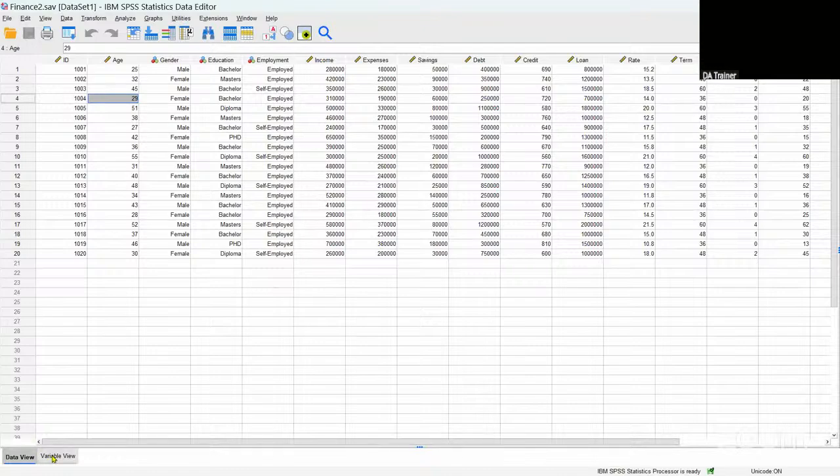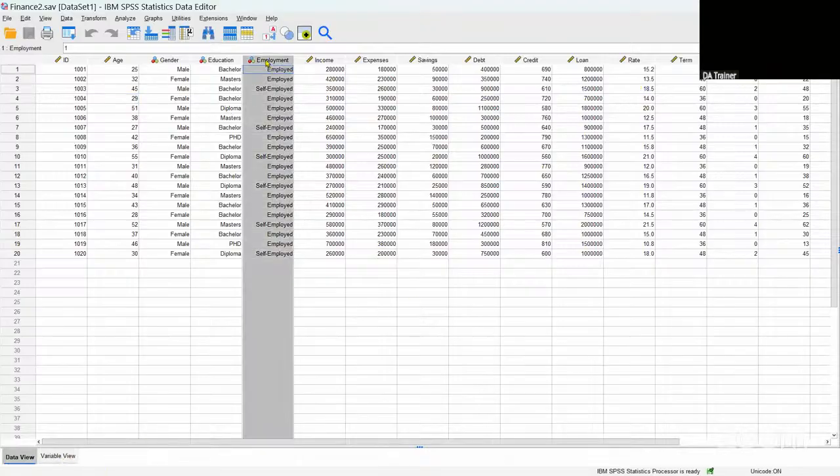Variable view is the room whereby you set up your data, you clean them up in accordance to how the data should appear, right? To the extent that the names of all the columns are edited under variable view, not even in data view.